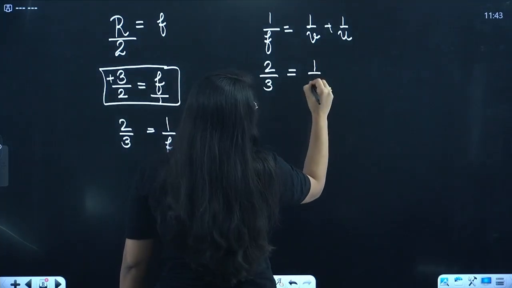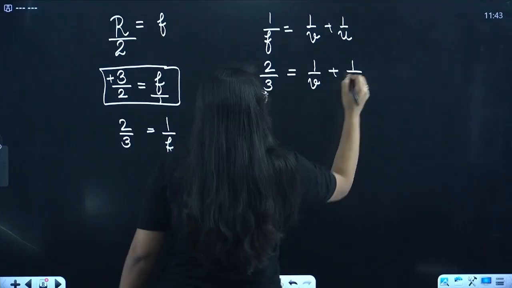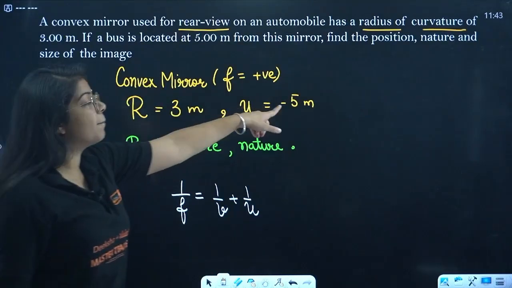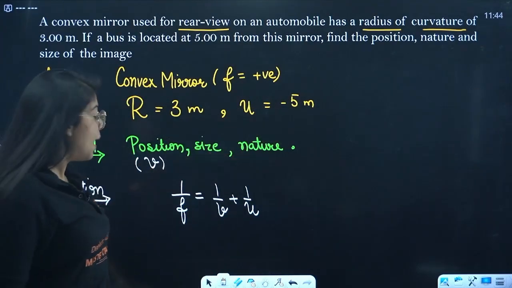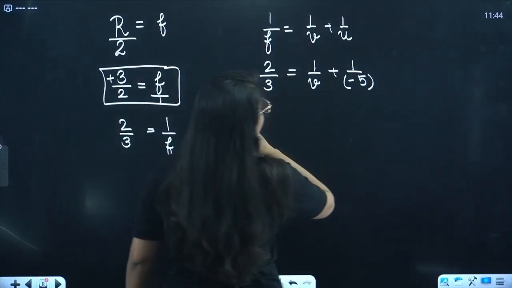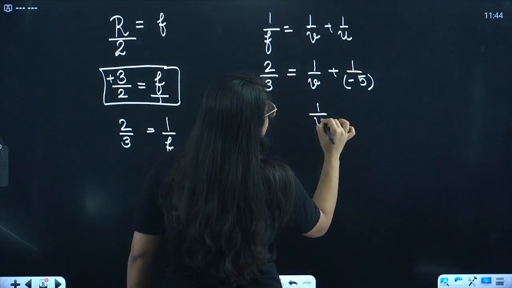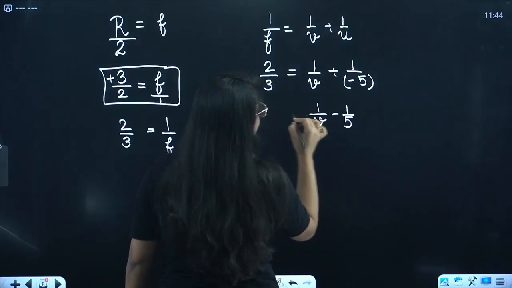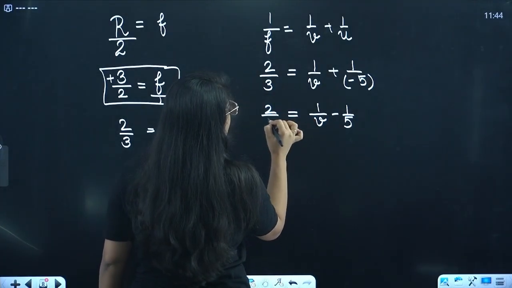Understood? We want to find V and we have U. What was the U? It is given as minus 5, not just 5, minus 5 meters. Understood? So beta, this will simply be 1 by V minus 1 by 5 equals 2 by 3.